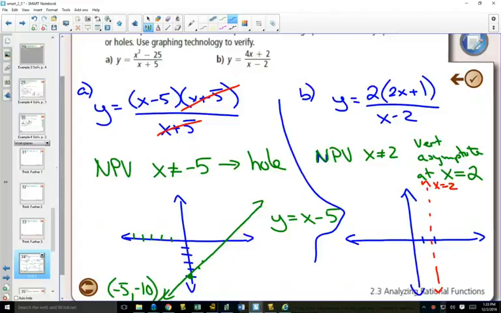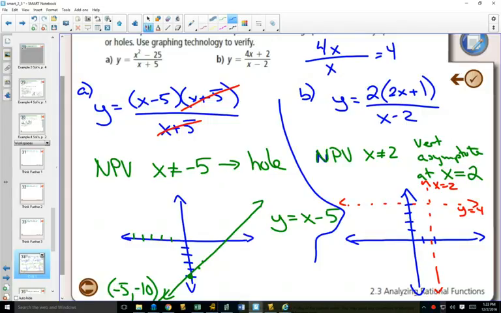What is the highest degree in this entire rational function? A 1. Just 1x. So if we look at how many of those we have in the top of our fraction and how many we have on the bottom, we get 4x over 1x, which is equal to 4. This tells us we will also have an asymptote at y equals 4.